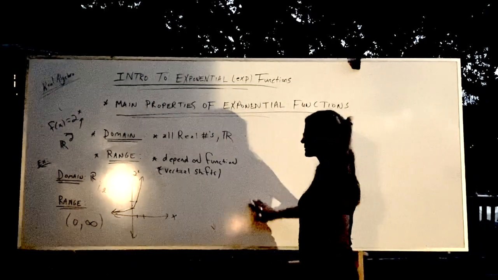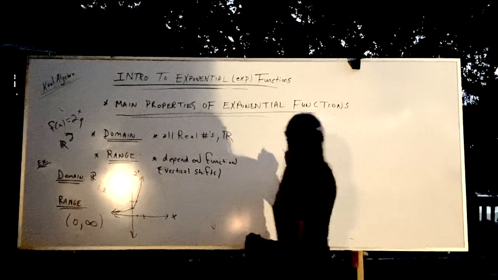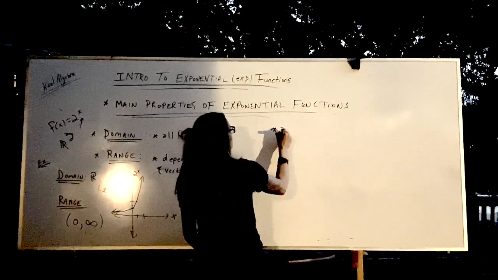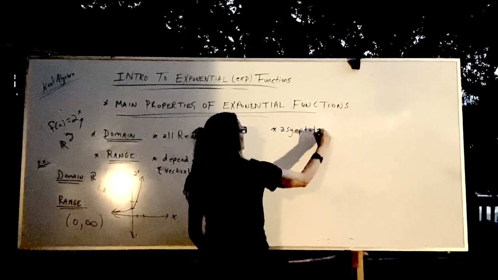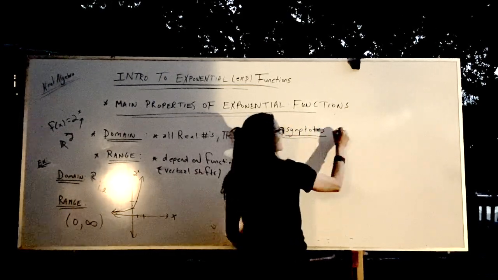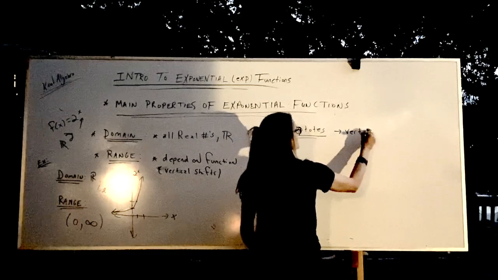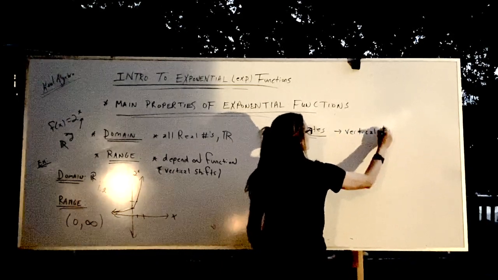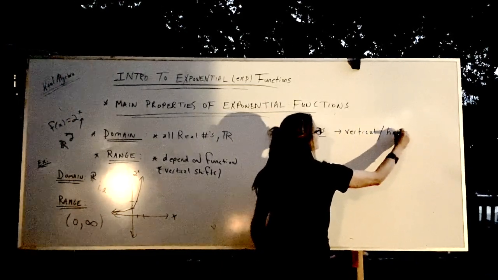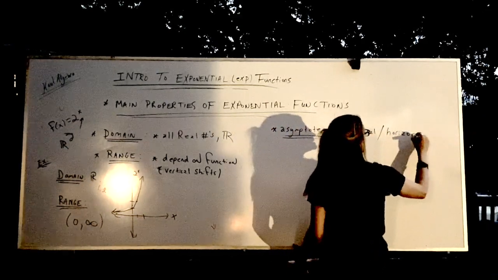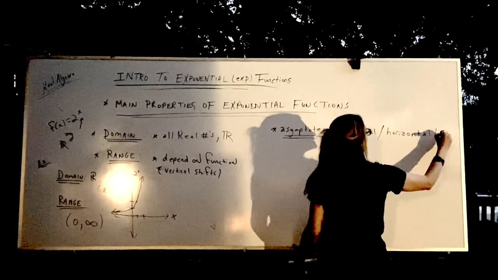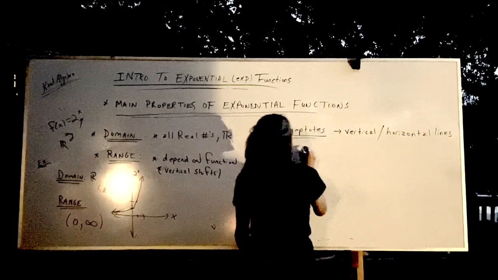Now the other properties that you'll be identifying are asymptotes. Okay. These are vertical lines or horizontal lines the graph seems to follow.